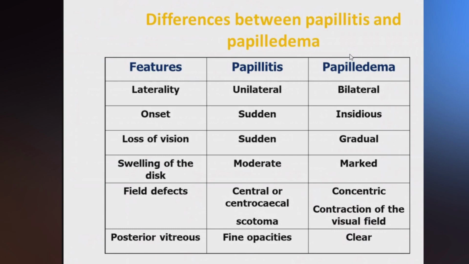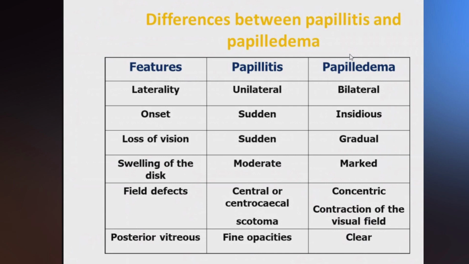Usually papillitis is unilateral and affects one eye. Papilla edema usually affects both eyes. As for the beginning, papillitis is an acute sudden loss of vision. Papilla edema is a slow process.